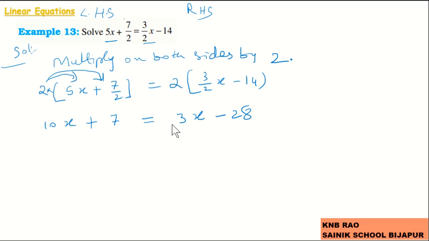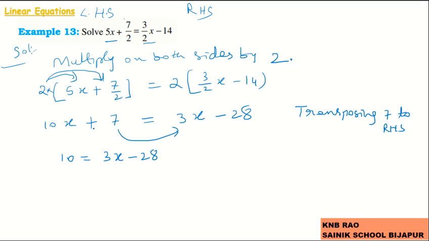So for that, first I will transpose this addend to the left hand side, transposing 7 to the RHS. Then 10x equals 3x minus 28. Since this is an addend, it becomes a subtrahend on the right hand side after transposing.